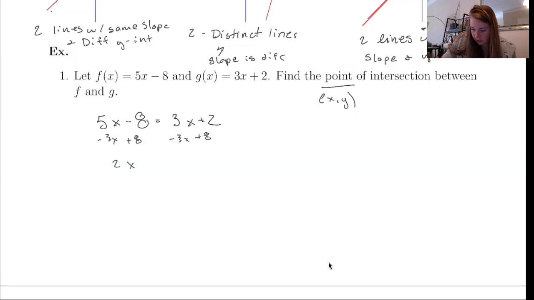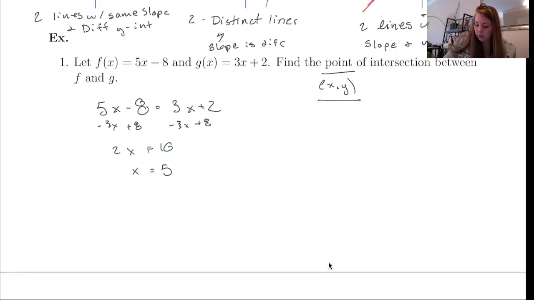So I'll get 2x equals 10 and x equals 5. Well, that's just the x value, right? I'm not done yet. I need my x, y point. I want a point, not just the x value. How do I find the y?